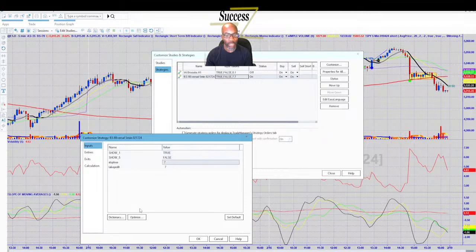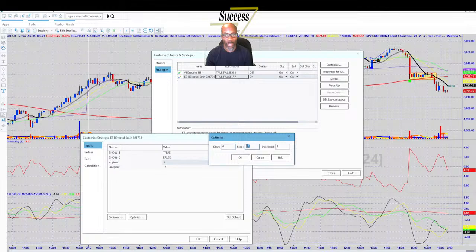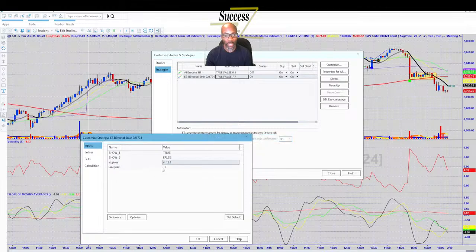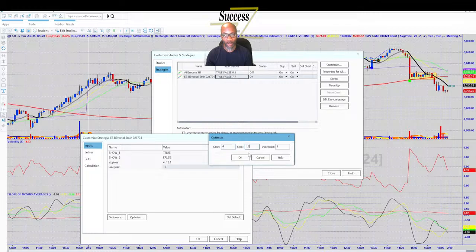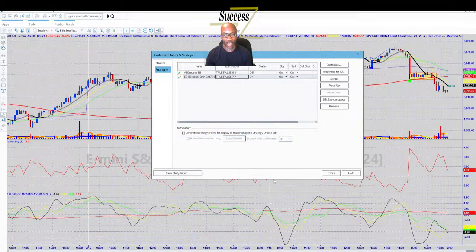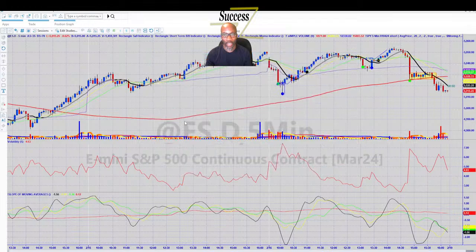Make sure that we get a chance to optimize here from 4 to 12, and then we'll do this one the same thing. 4 to 12. Okay. Optimize. Optimize prime.